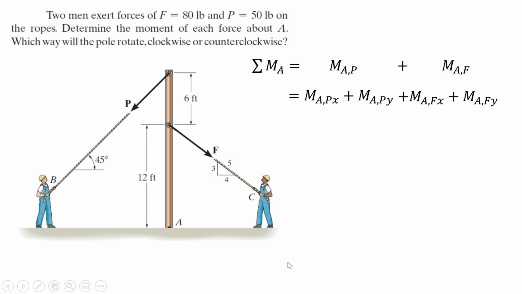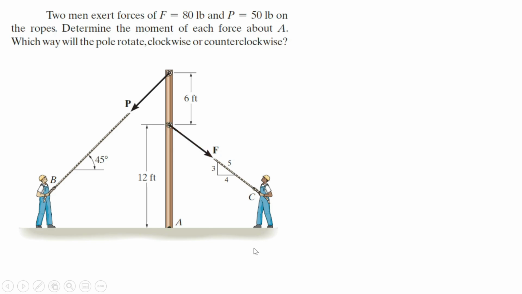First, we have to identify the force F and its moment arm or lever arm. The moment arm of force F is 12 feet, while the moment arm of force P is 18 feet. I will place this diagram into an XY axis so that we can name the components Px and Py.